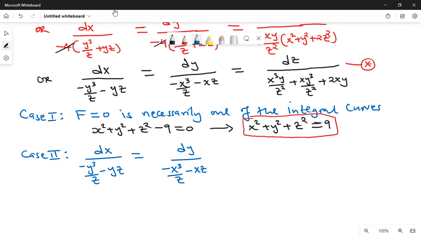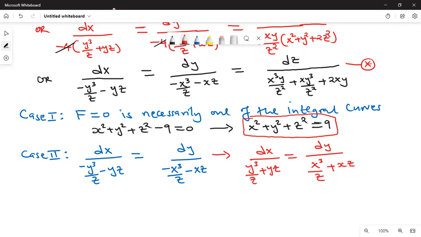But you see negative is common, so we can divide by negative, so that we have dx over (y cubed over z plus yz) equals dy over (x cubed over z plus xz).